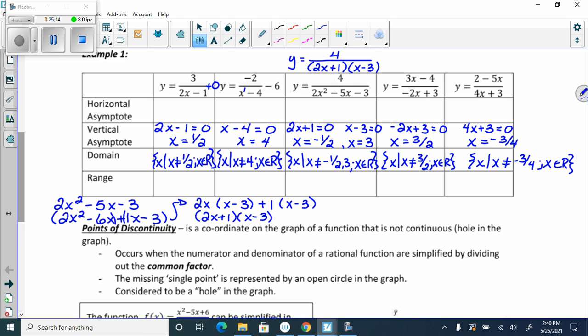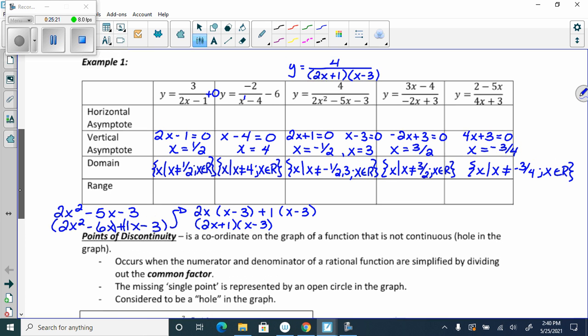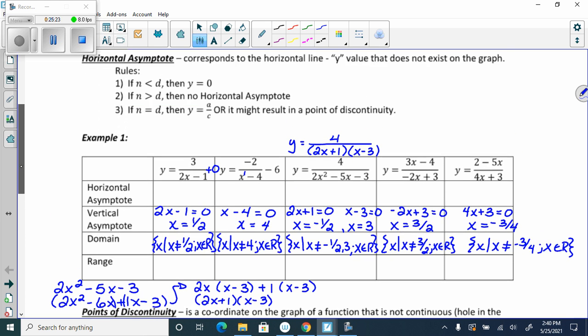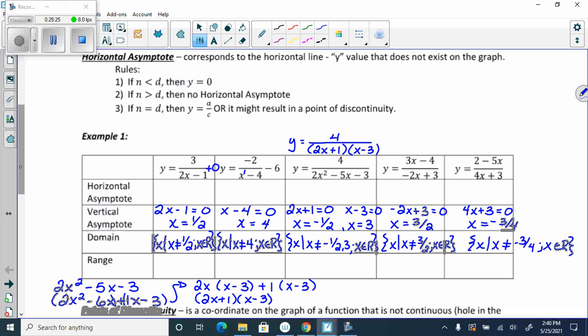Now remember, the horizontal asymptotes follow rules, right? The horizontal asymptote corresponds to the horizontal line, the y value that does not exist. Now these are the rules. If your numerator is a lesser degree than your denominator, it's always y equals 0.